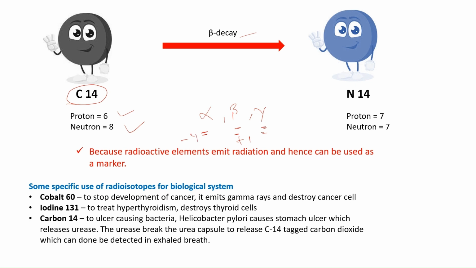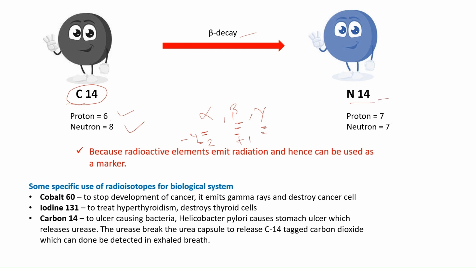Here is -4 in atomic mass and -2 in atomic number for alpha. So here, beta rays, right? That means +1 in atomic number, correct? So for carbon, +1 means the number of protons goes from 6 to 7. 7 means nitrogen. So carbon-14 will convert into nitrogen-14.